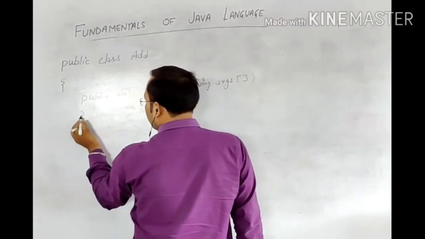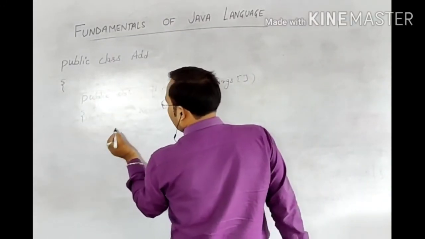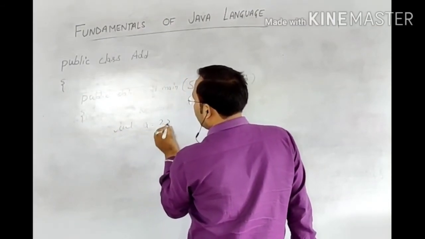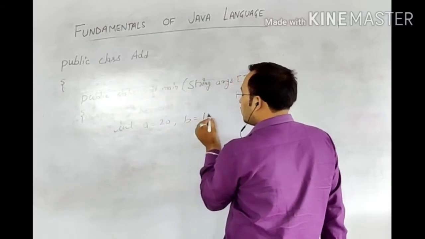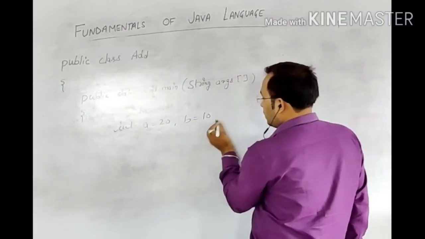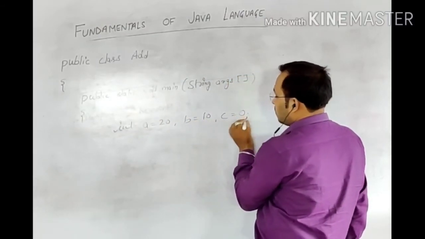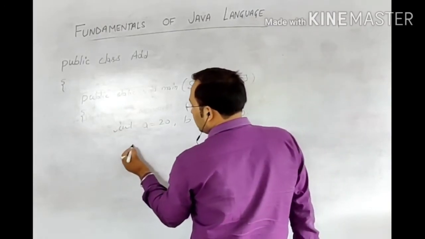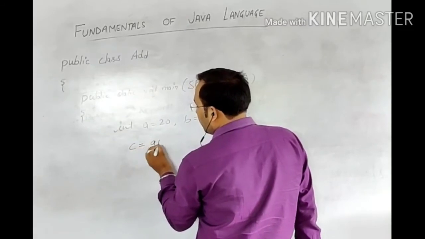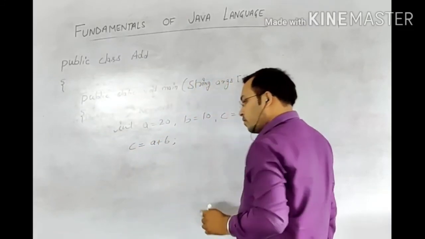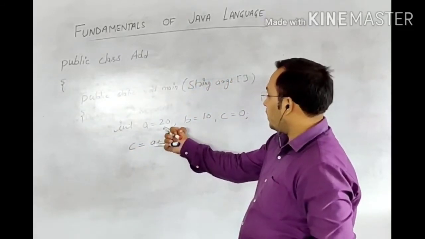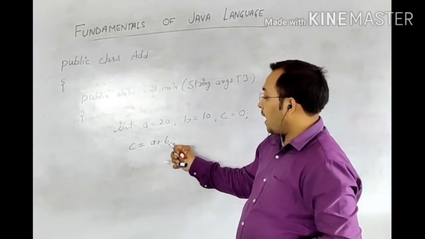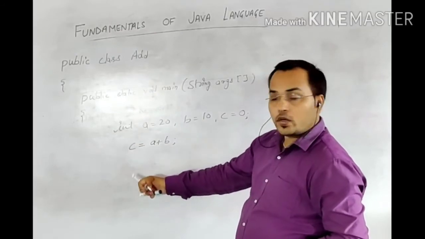Then after that, int a equals 20, b equals 10 and c equals 0. In c, I am going to take the result. c equals a plus b. Now what will happen? The 20 and 10 will be added together and the result will be stored in c.